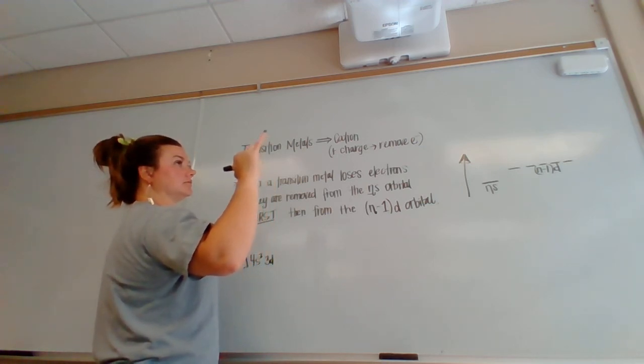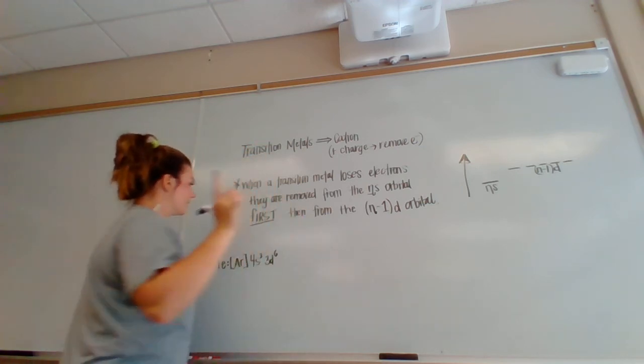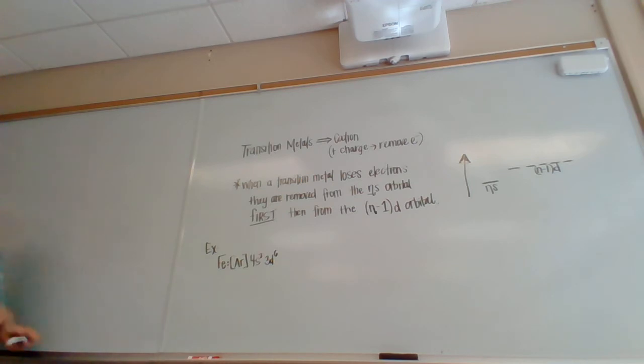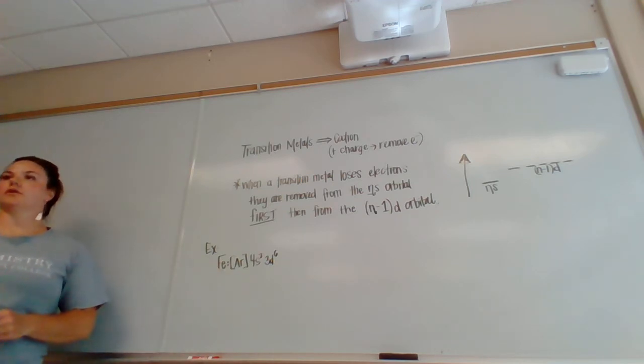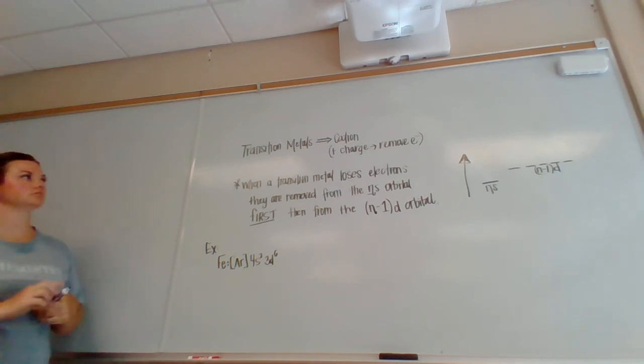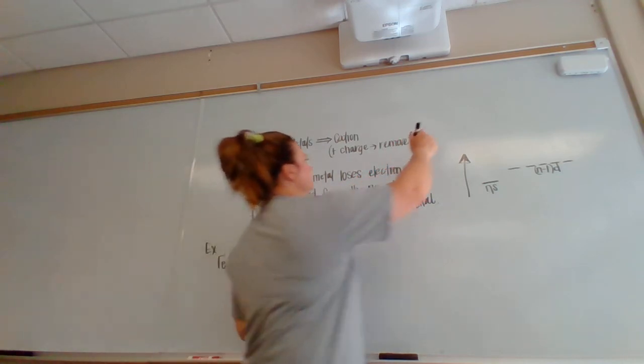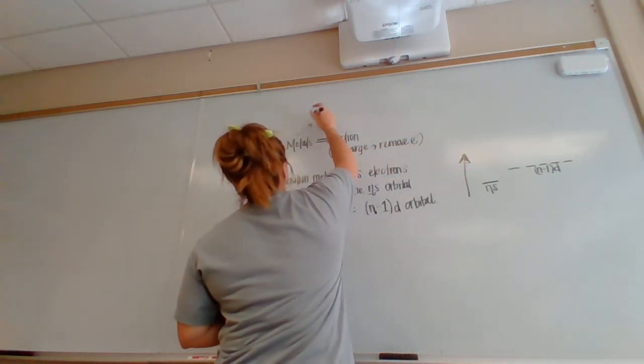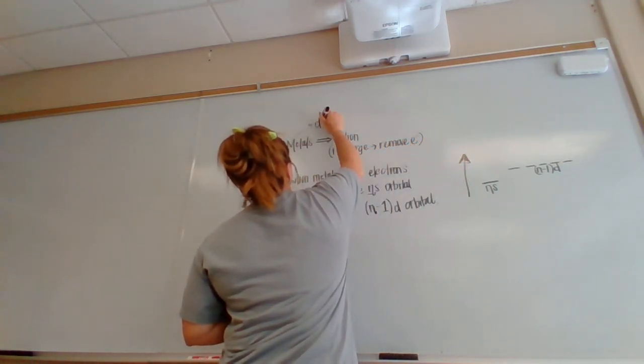Another thing about transition metals, they don't want to be like the noble gases. So when they lose electrons, they're not becoming a noble gas. That makes a big difference.